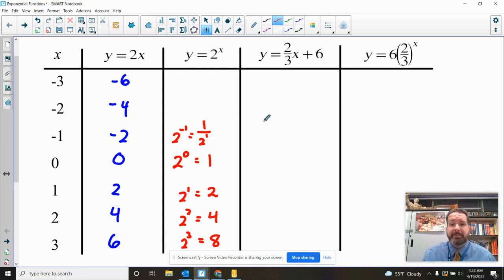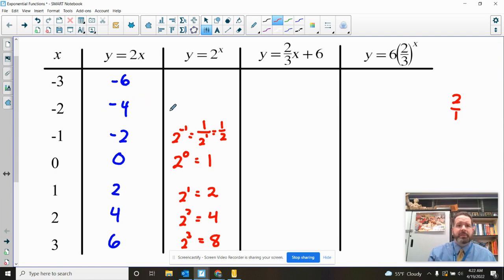Now we put a 1 on top because really, remember 2 is the number 2 over 1. We just don't write the over 1 because dividing by 1 doesn't change anything. But when you flip it, that 1 on top needs to be there to show that there's not just an empty numerator. Okay, let's simplify that then. 2 to the first is just 2, so this is 1/2, or 0.5.